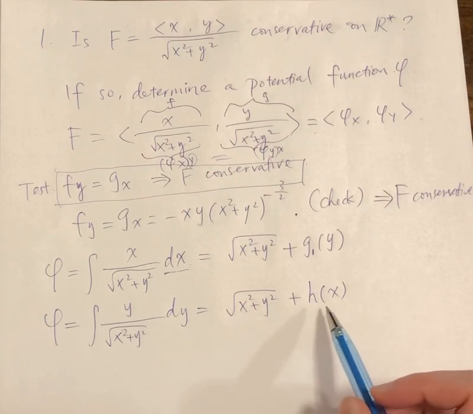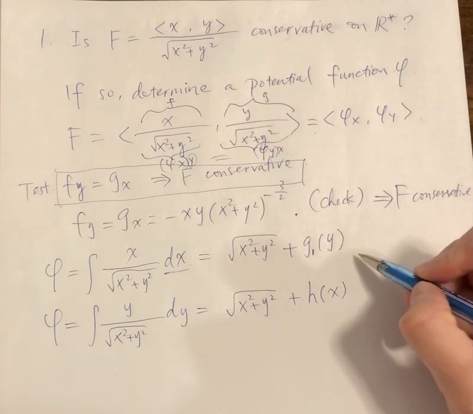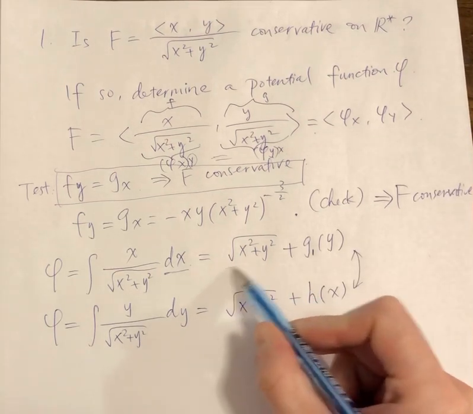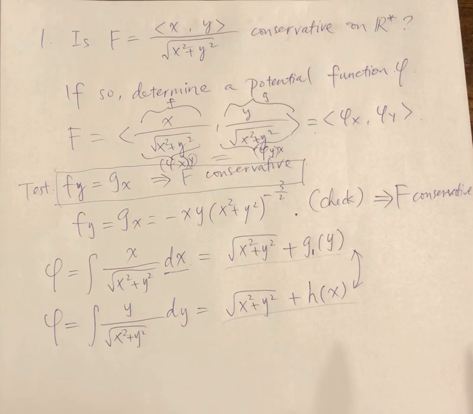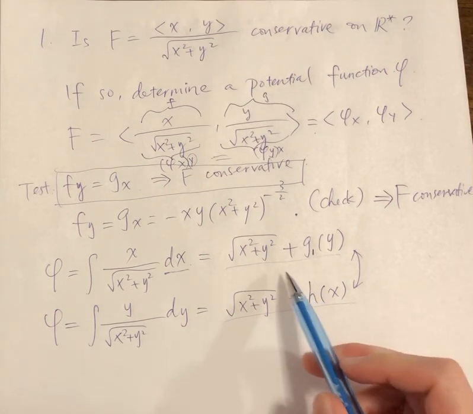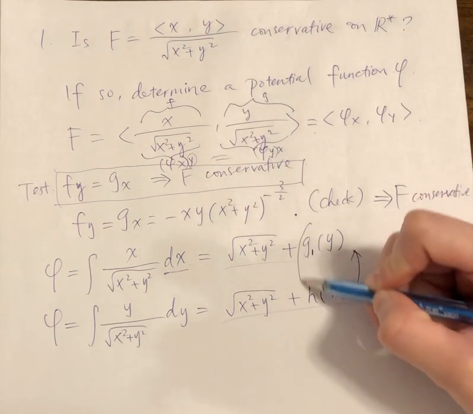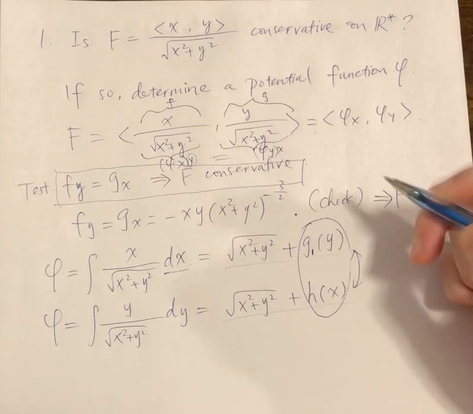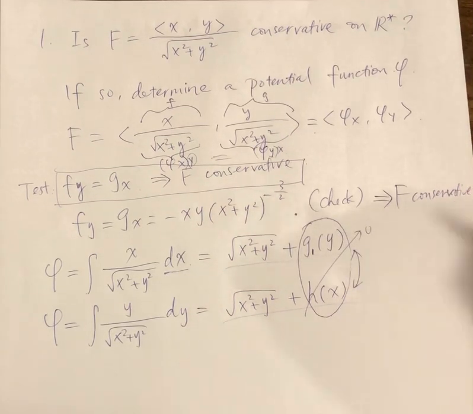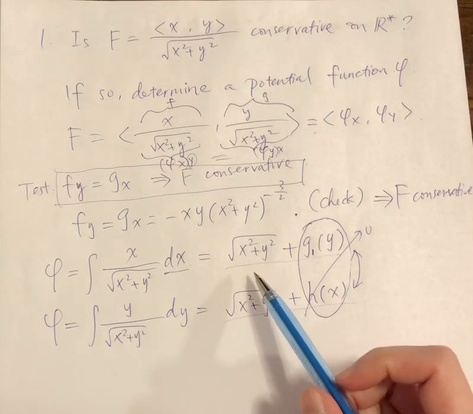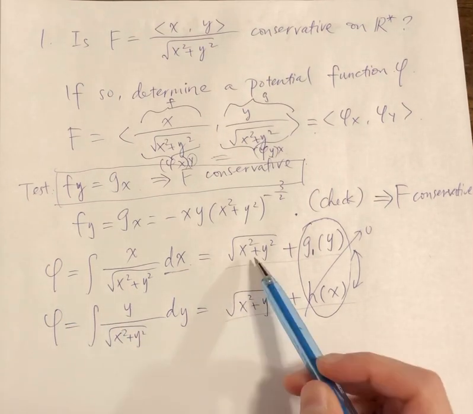So now the question you ask yourself is, is there any chance for these two things to be equal? It's possible, right? If we just let g1 and h both be 0, then certainly these two things are equal.